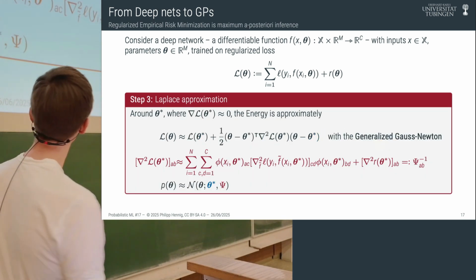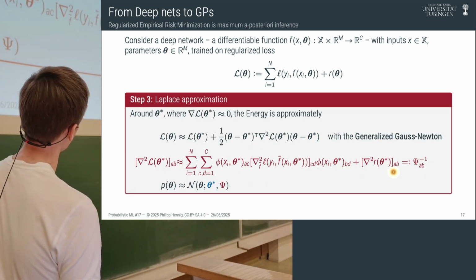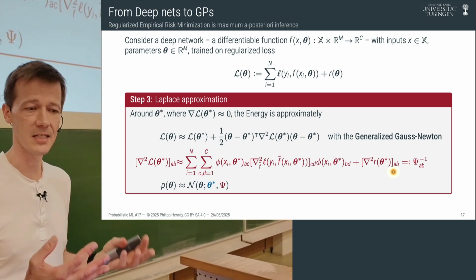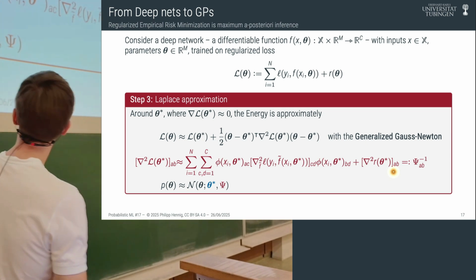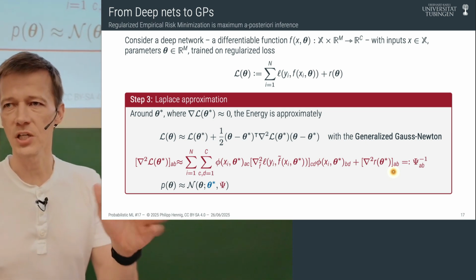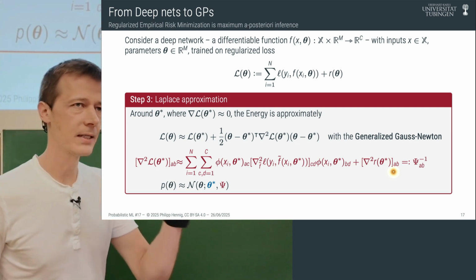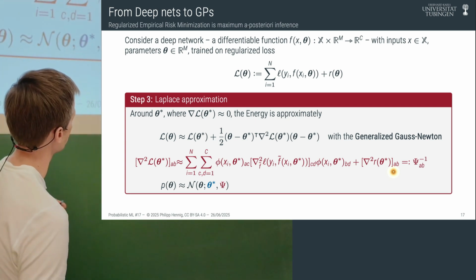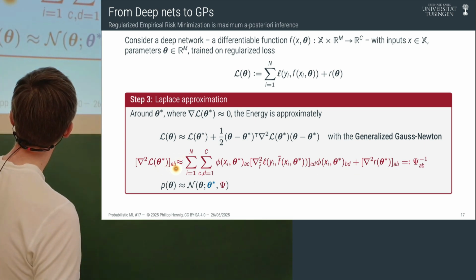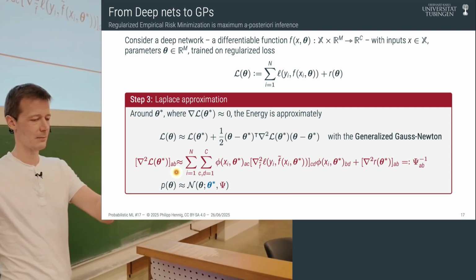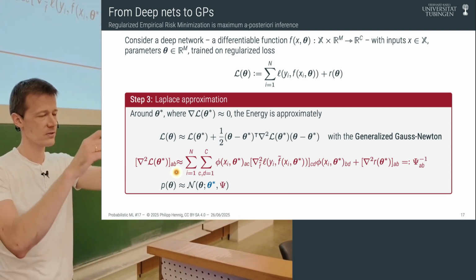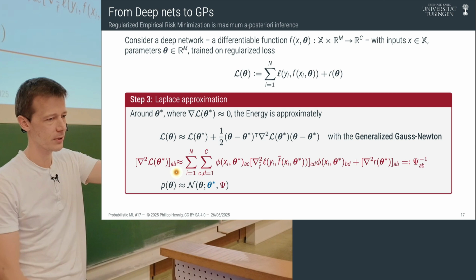And then what you're left with is this matrix, which is called the generalized Gauss-Newton matrix. And I realize that it's a bit of a handful. It's a huge object. But instead of doing chain rules and wiggling around with algebra, we can think about the structure of this object. So this is a matrix that is indexed by parameters a, b, where a goes from 1 to D, the number of parameters.